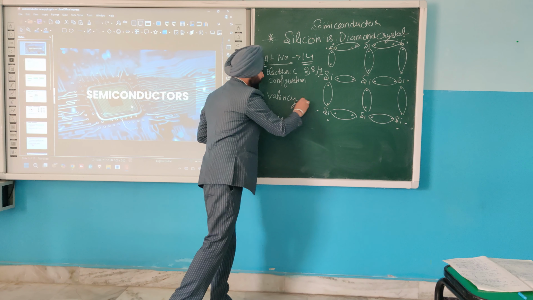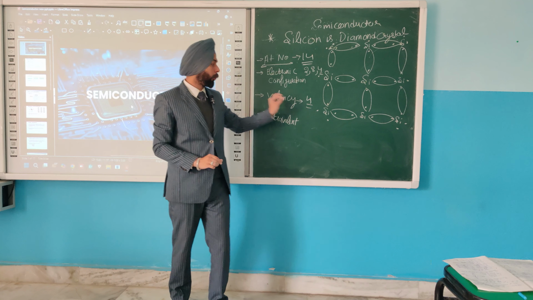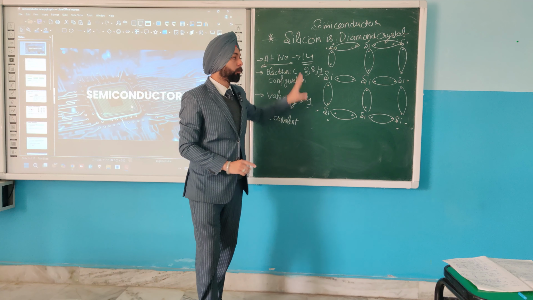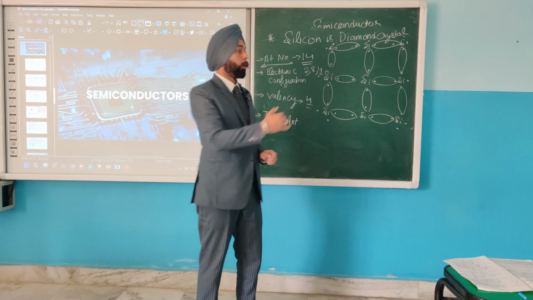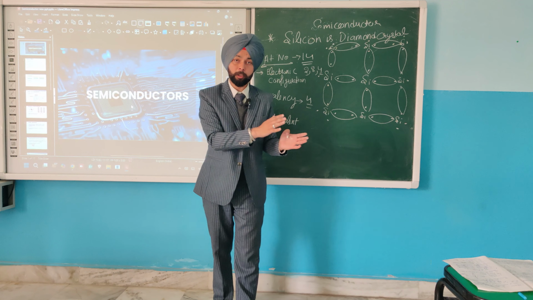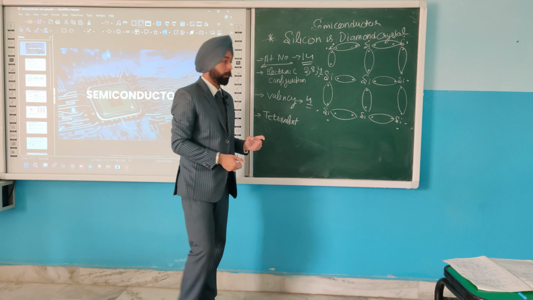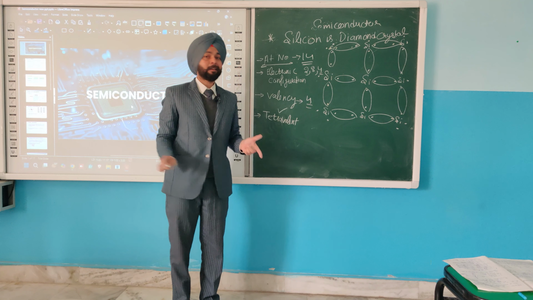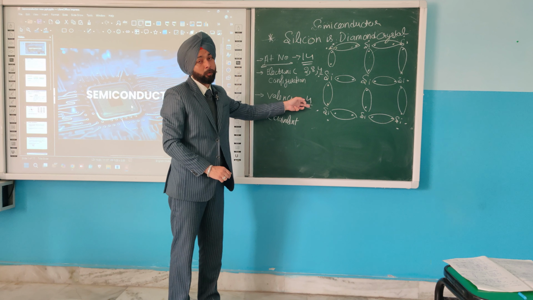So the valency of silicon is 4, meaning 4 electrons are free for valency, where sharing, gaining and losing happen. In chemistry we already discussed these things. We can say it is a tetravalent element, because the valency is 4.